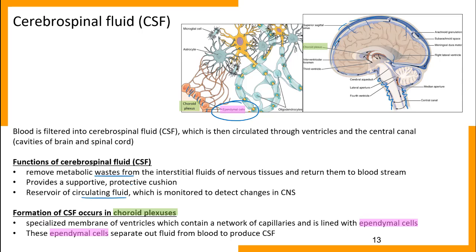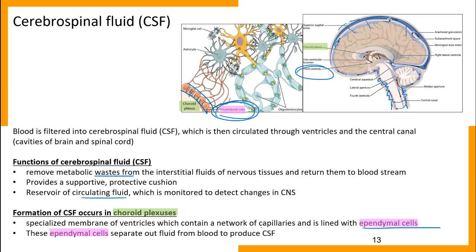As I said, cerebrospinal fluid is made by the filtration of blood through the sheets of ependymal cells. So if you look over here, you've got these ventricles. So ventricles are basically open spaces in the brain that contain these choroid plexus. And the choroid plexus is lined with ependymal cells.